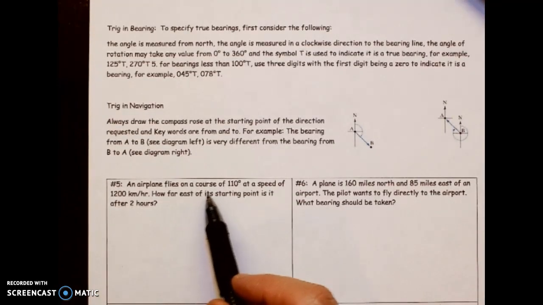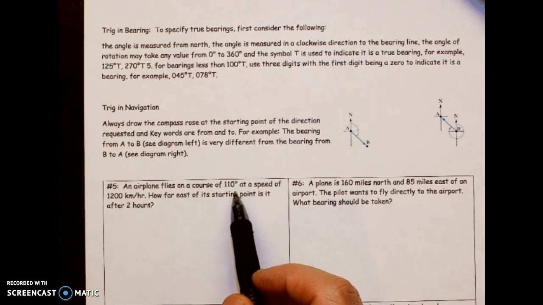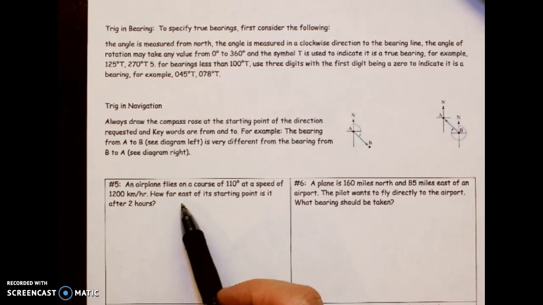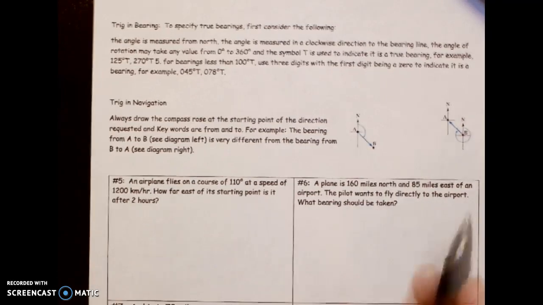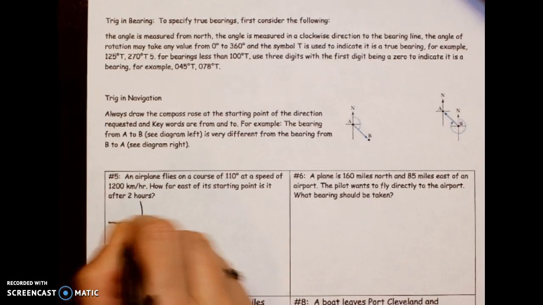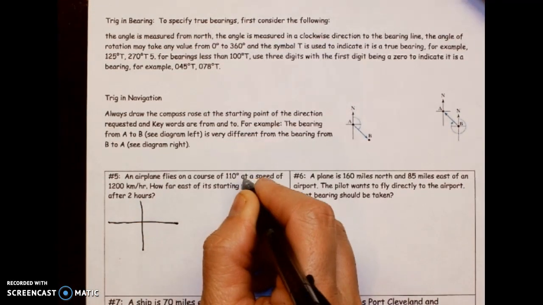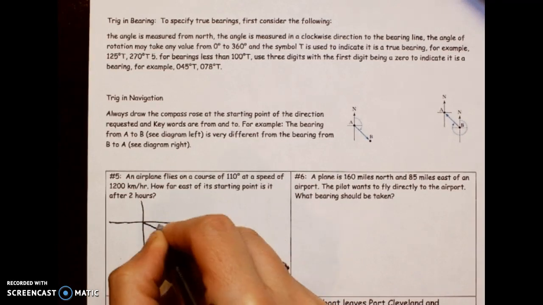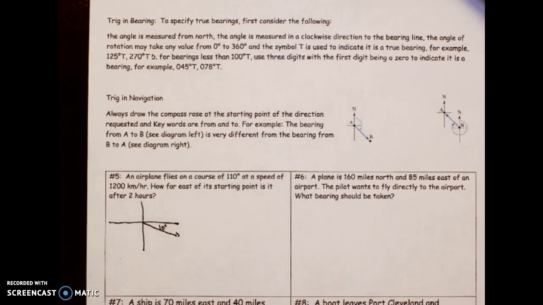It says an airplane flies on a course of 110 degrees at a speed of 120 kilometers per hour. How far east of its starting point is it? So let's draw a picture to begin with. 110 degrees bearing, so this would be 90. And then when I add that on, I end up with 10 more degrees. And its speed was 120 kilometers per hour.